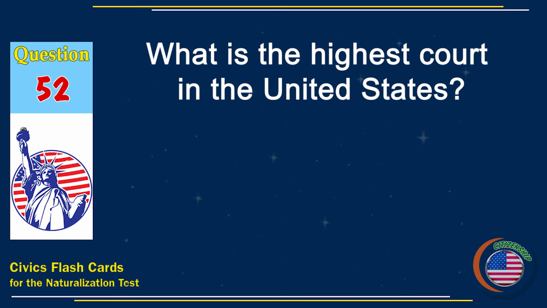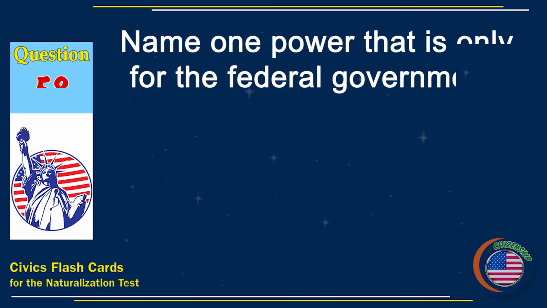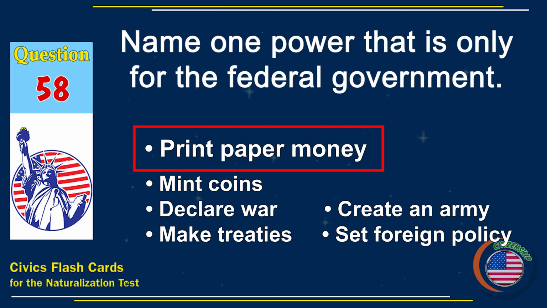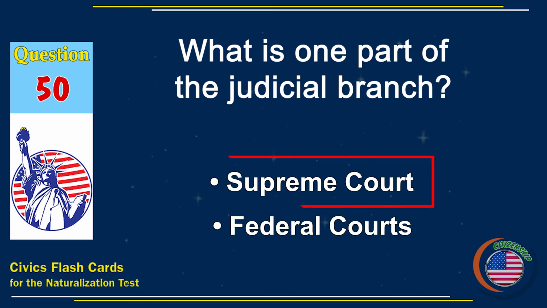What is the highest court in the United States? Supreme Court. Name one power that is only for the federal government. Print paper money. What is one part of the judicial branch? Supreme Court.